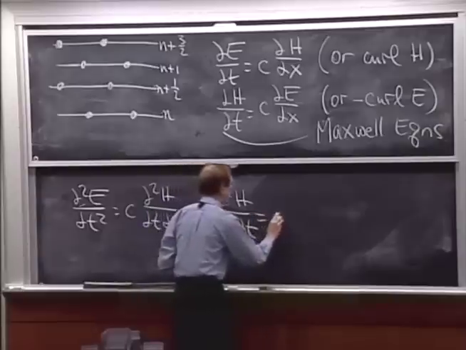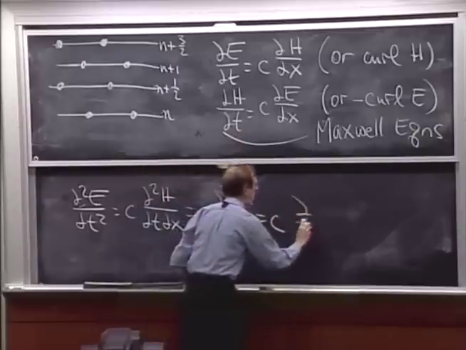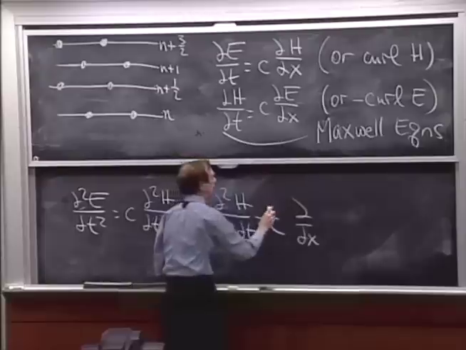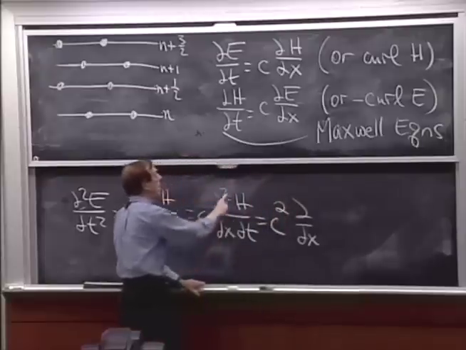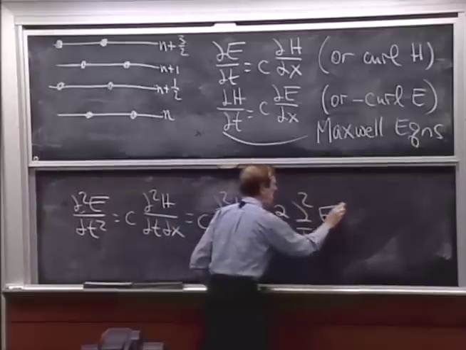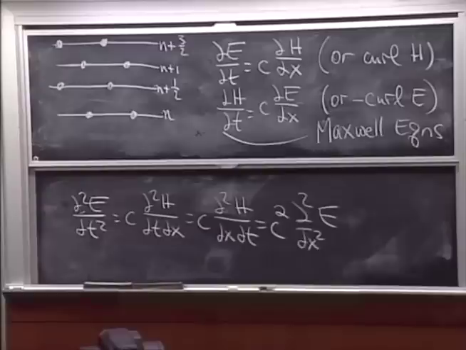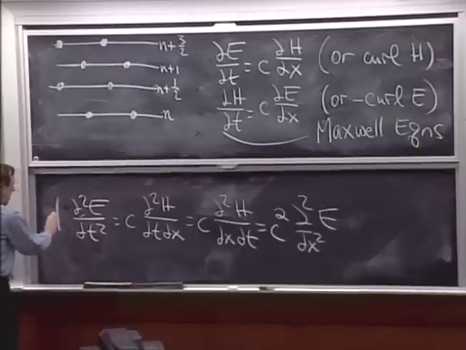So this is c. Now I have the x derivative, or c times it. So now I'm up to c squared. The x derivative of the x derivative. Right. Okay. So we eliminated h, got back to one equation, second order, and it's the wave equation.